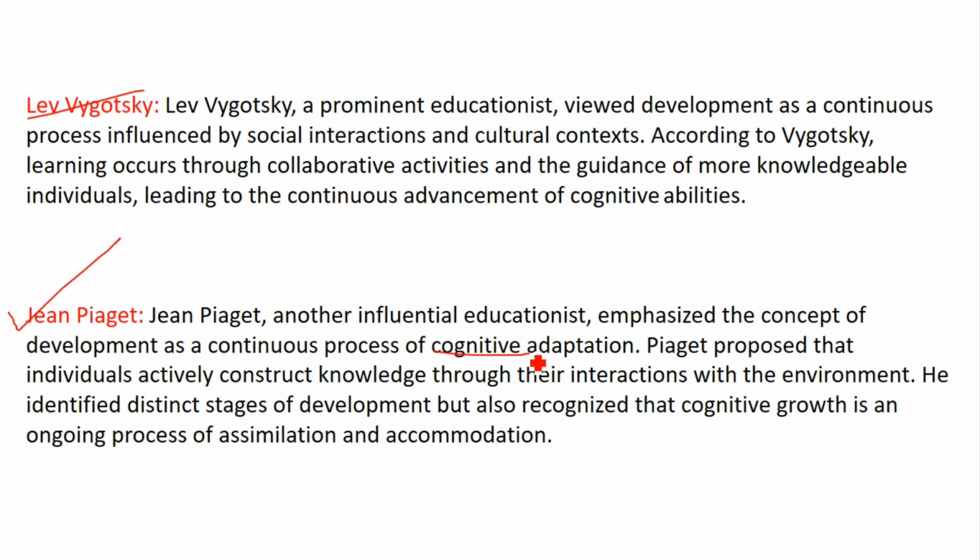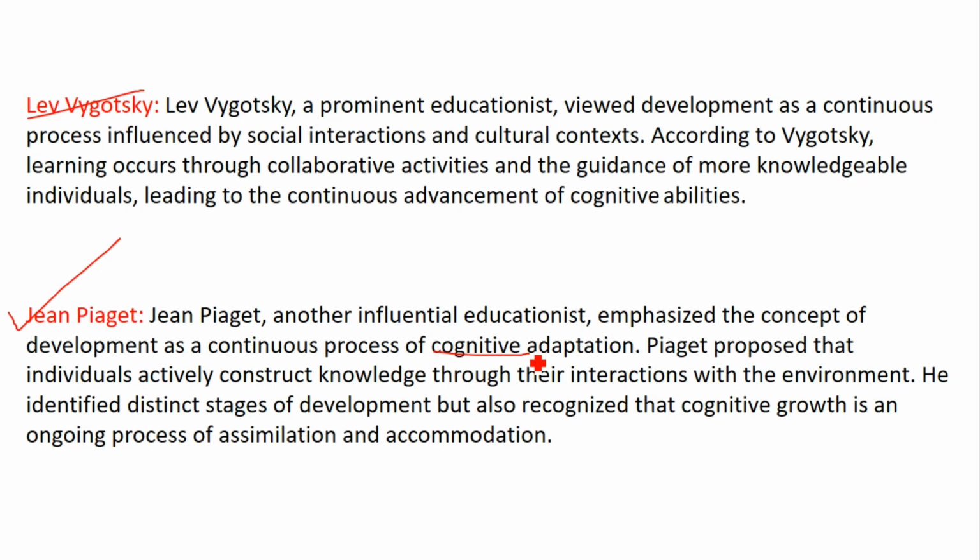So this is just a simple example, right? You can bring out lots and lots of examples for this. He identifies distinct stages of development, but also recognizes that cognitive growth is an ongoing process of assimilation and accommodation.